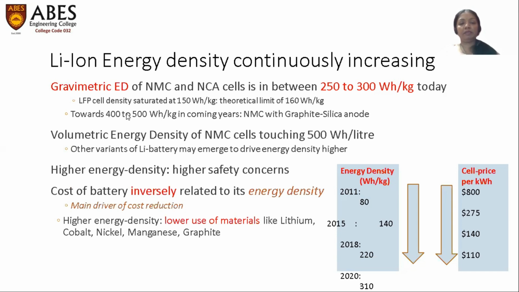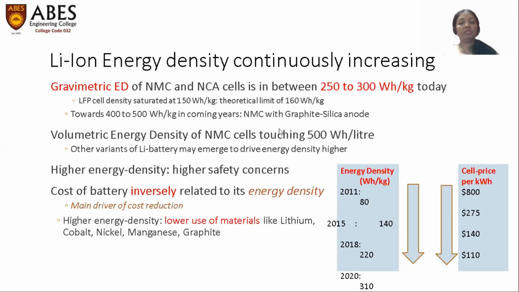In the coming time, as there is continuous development in battery technology, and scientists are working tirelessly on it, we can expect this to become 400 to 500 watt hours per kilogram in the coming years with NMC with a graphite-silicon anode.